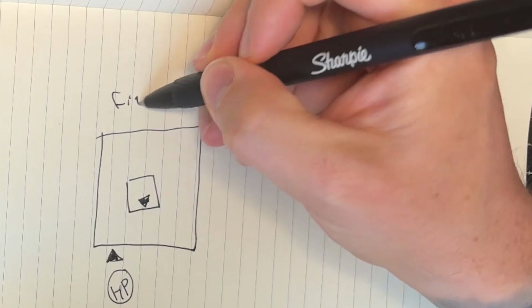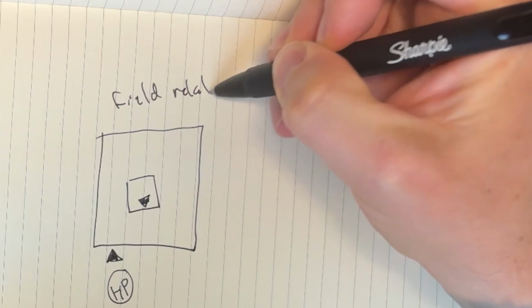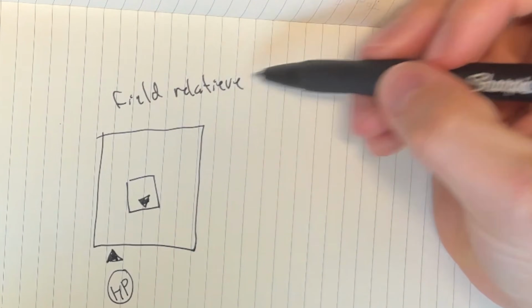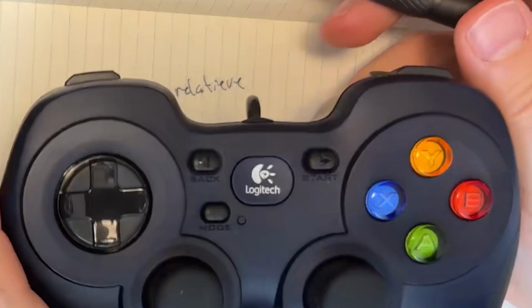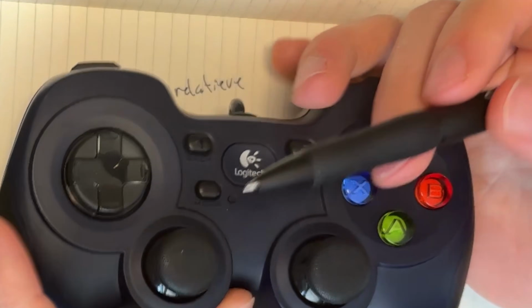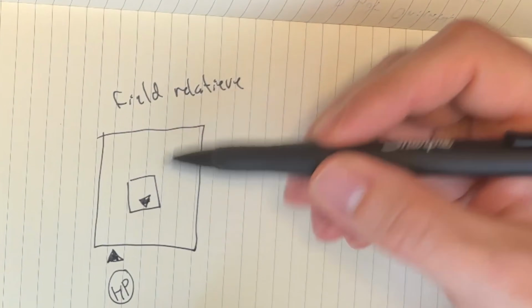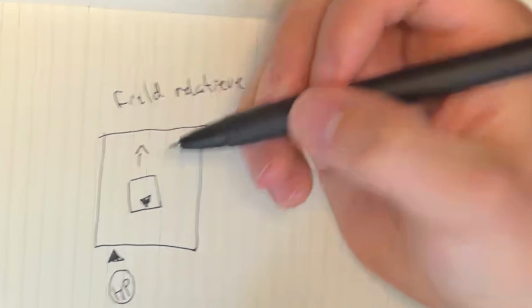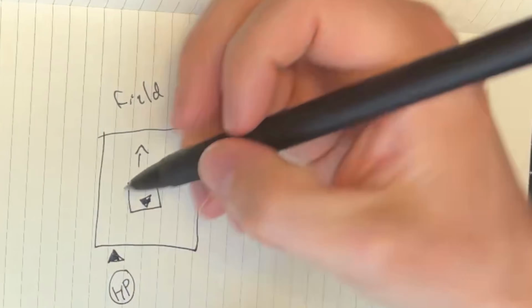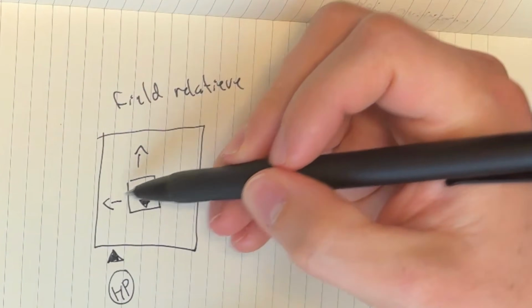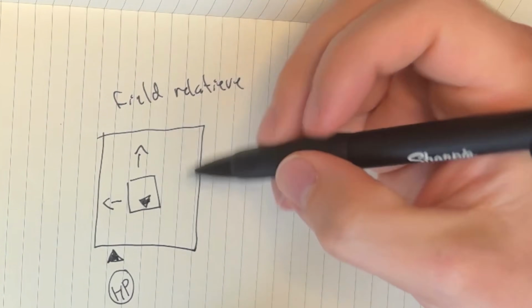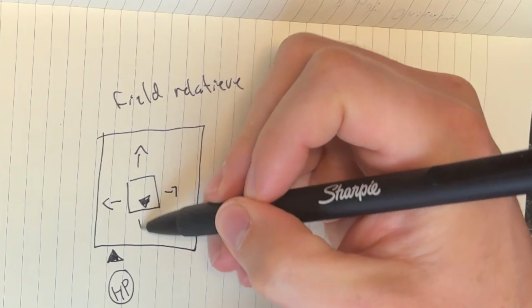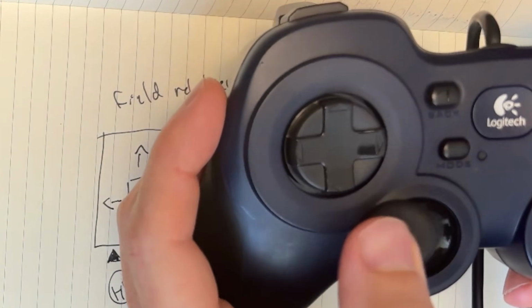When it is field relative, or a field orientation, when I press forward, regardless of what direction the robot is facing, we're going to move this way. And when I strafe to the left, regardless of what direction the robot is facing, it's still going to strafe to the left. And respectively strafe to the right and move in reverse, as that human would expect.